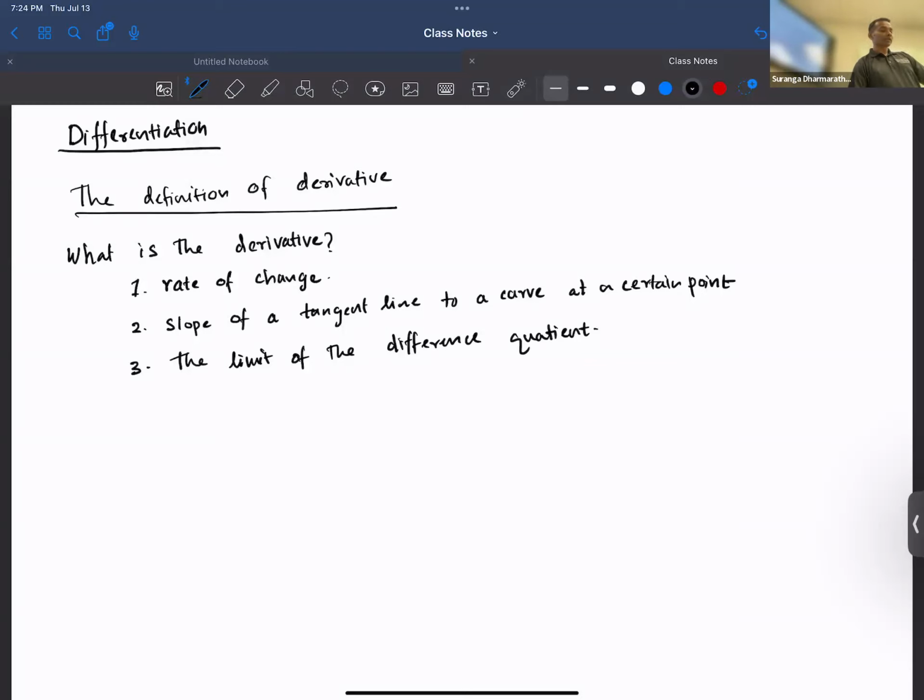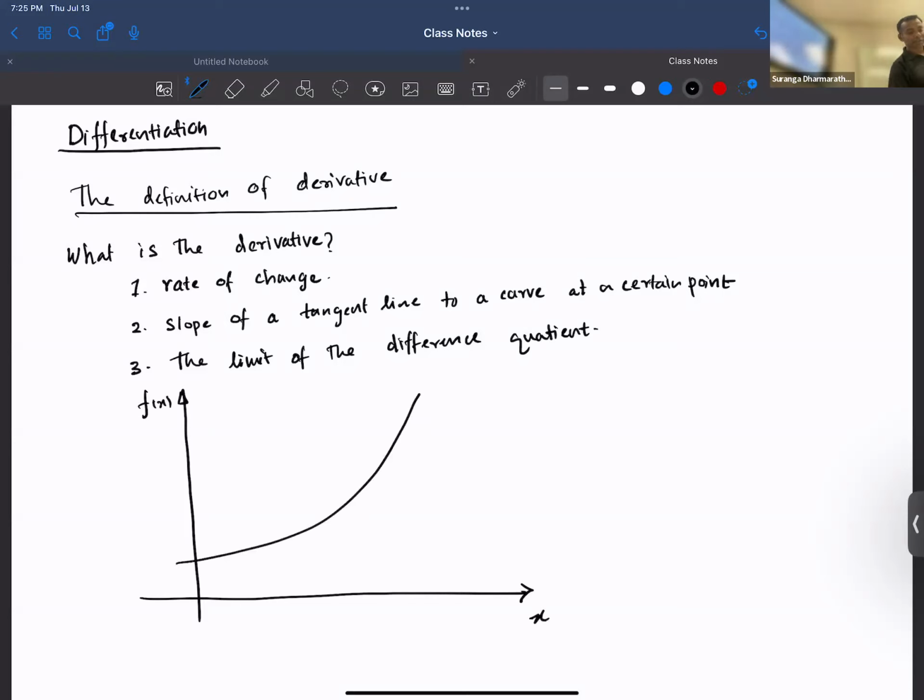Now, I would like to take this definition in terms of slope of a tangent line, which is easier to show graphically. So I would start with that, and then I would go to the more formal one, the limit of the difference quotient. Okay. So if I draw a graph of a certain function, let's say the graph looks like this, and I can find 2 points at A and some point, an arbitrary value of x.